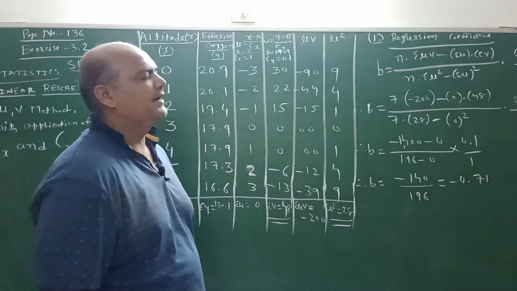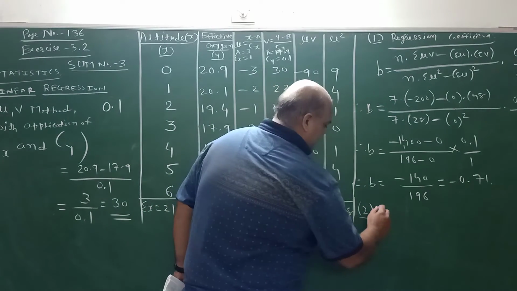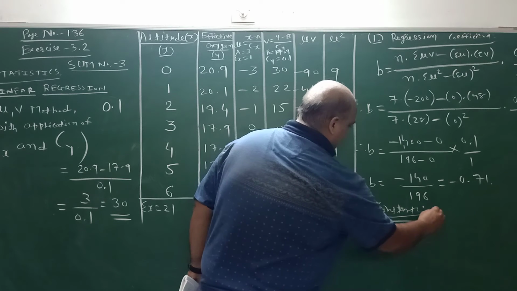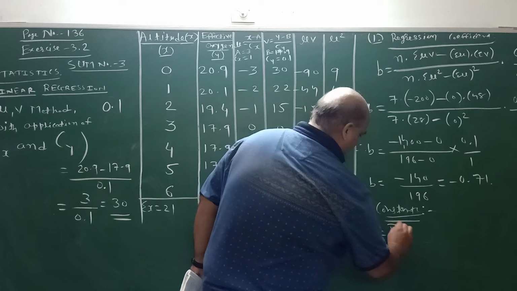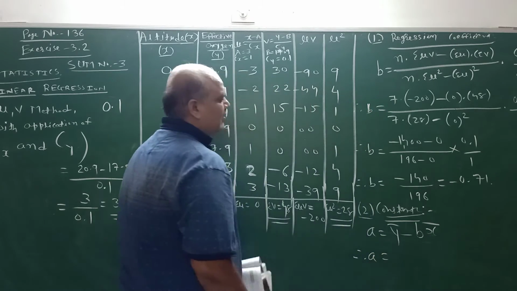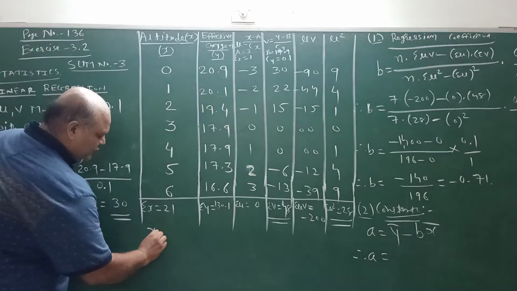First step, regression coefficient. Second step, my dear students, is the constant, denoted by a, which is y bar minus b x bar. We have to find x bar and y bar first.